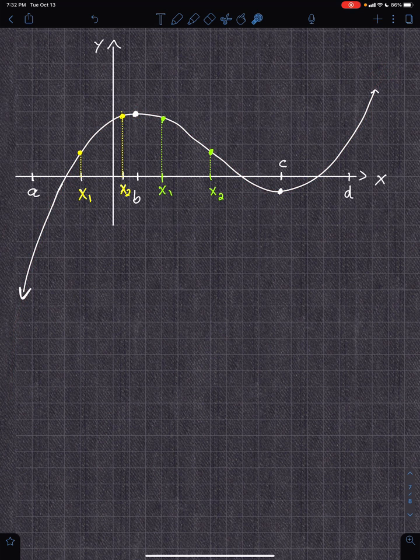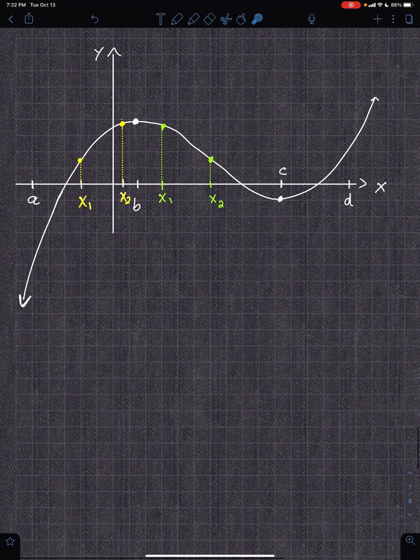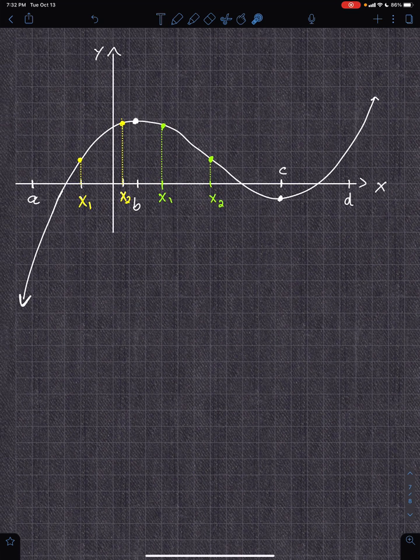Then we have to define it mathematically, of course. So this function we can see is increasing from negative infinity all the way to b. So we want to have a way to describe it. What we do is we pick two values, x1, x2, or whatever you want to call it, inside that interval.